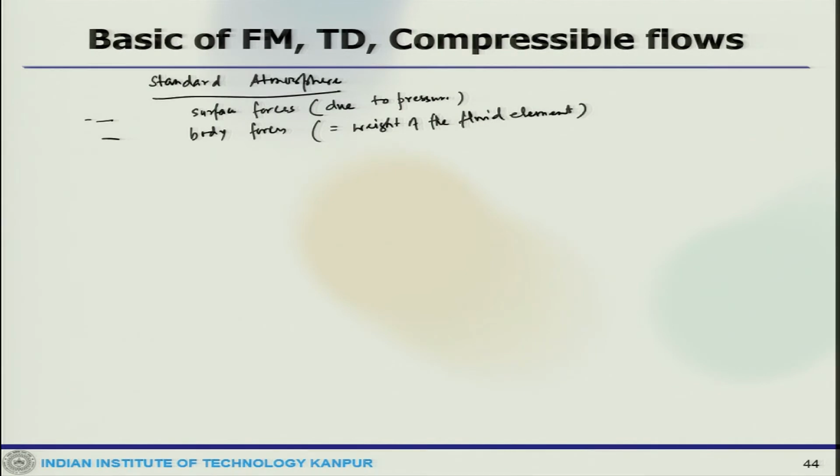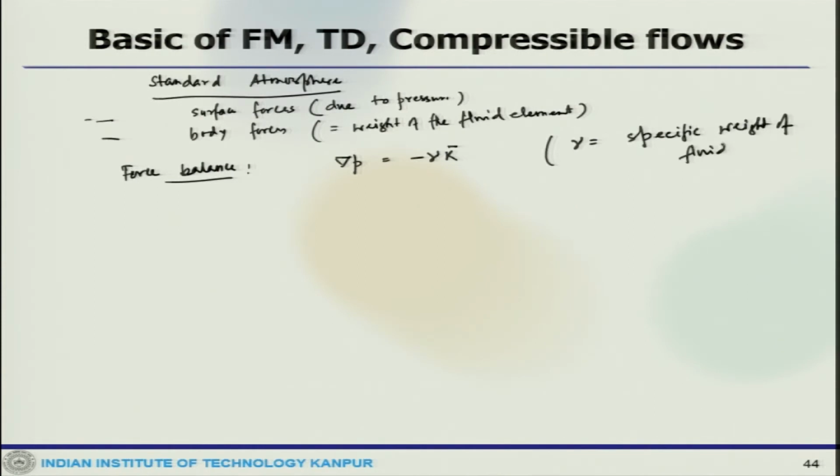So, when we do the force balance, it gives us the following relation: delta P is minus gamma k bar, where gamma here is the specific weight of fluid. This is not the gamma from before.